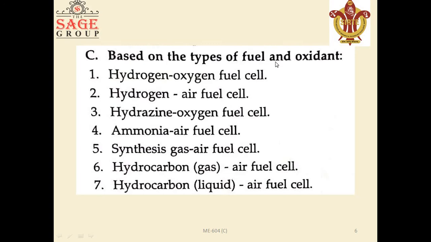And based on the type of fuel and oxidant, there are 7 types of fuel cells: hydrogen oxygen, that is H2-O2 fuel cell, hydrogen air fuel cell, ammonia air fuel cell, synthesis gas air fuel cell, hydrocarbon air fuel cell.